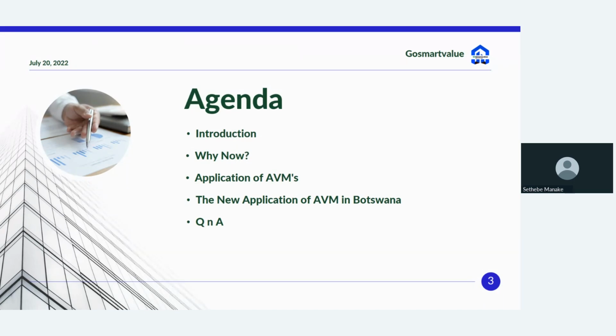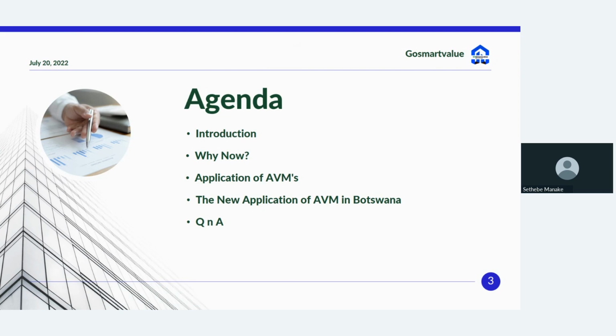So in regards to the presentation today, this is how I'm going to go about it. I'm going to do a bit of an introduction of GoSmart Value, where we come from, just to give a background to those who have never interacted with GoSmart Value or myself, Sethebe Manake.